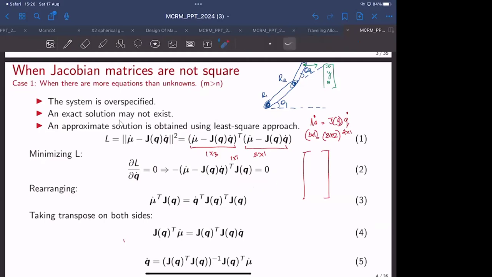Yeah, like if I take the transpose, what will it look like? I'll expand this equation over here, downward. So this will be mu dot transpose minus q dot transpose J of q transpose J of q.